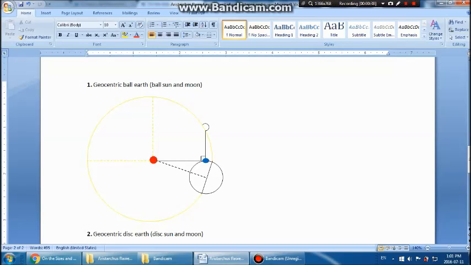This range is denoted by the yellow circle. If the sun is a ball, it illuminates equally in all directions, up to a point. So let's consider that it illuminates just enough so that it cuts the moon as I represented on the diagram. It cuts the moon with its light just like that.